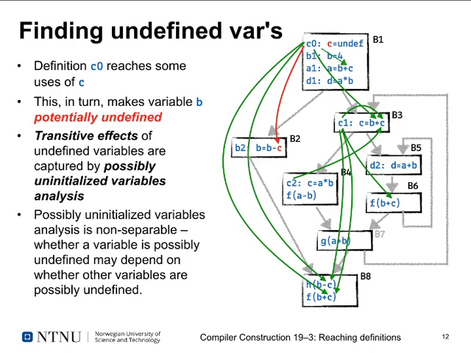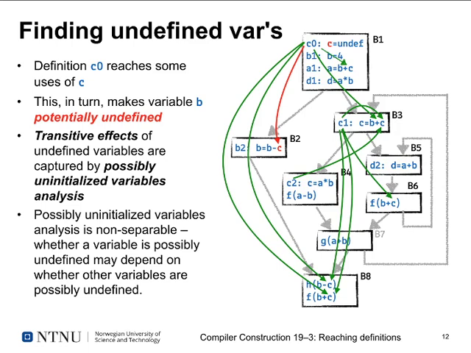So again, we see this here, and the important thing is that this analysis we're performing can actually make use of transitive effects. You can look at what happens going from one basic block to the next and to the next again, and so on. And we can then use this to perform this possibly uninitialized variables analysis.